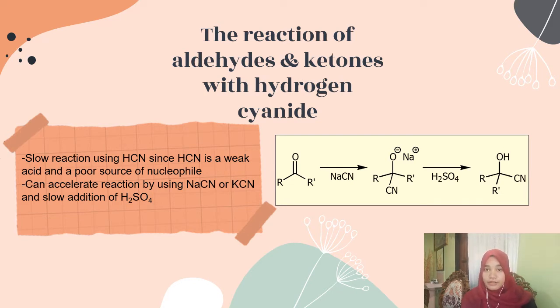The pH of the solution is adjusted to 4 to 5 because this gives the fastest reaction. The solution will contain hydrogen cyanide from the reaction between the sodium or potassium cyanide and the sulfuric acid, but will still contain some free cyanide ions. So this is very important for the mechanism.